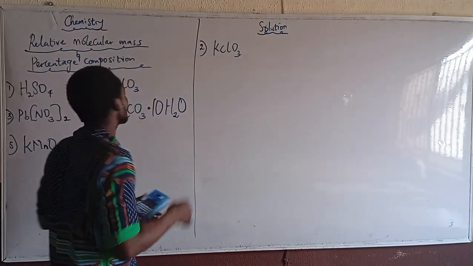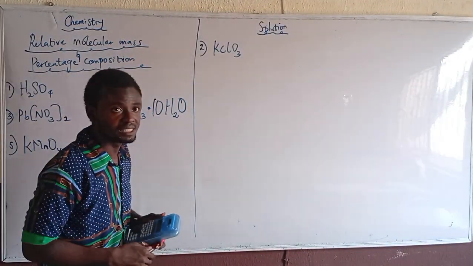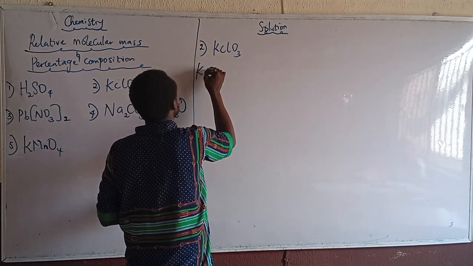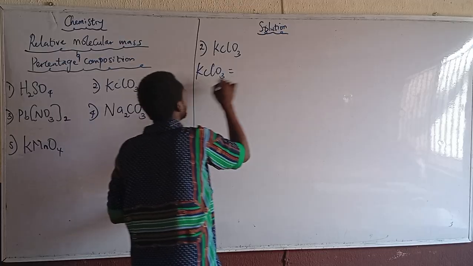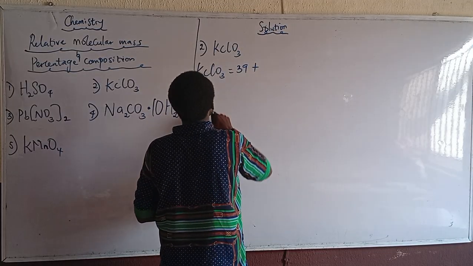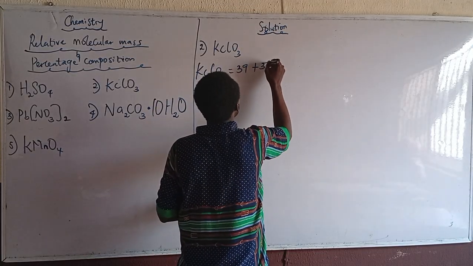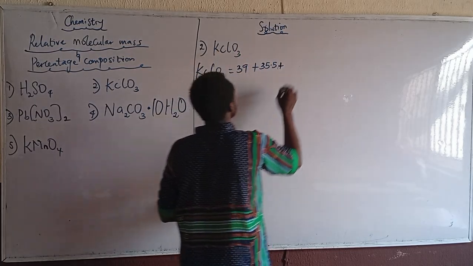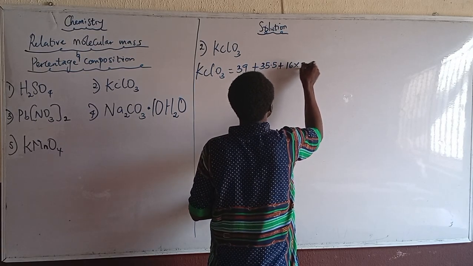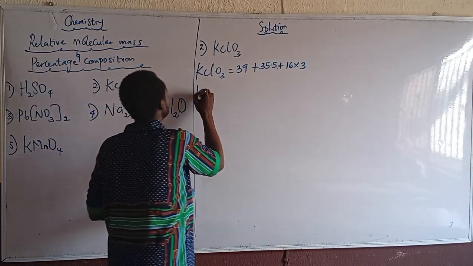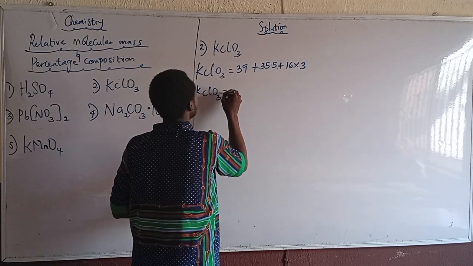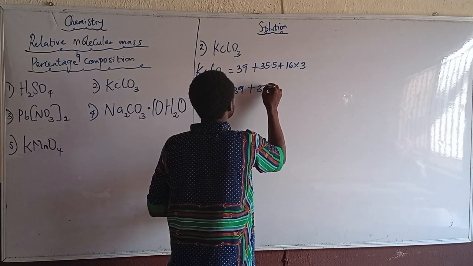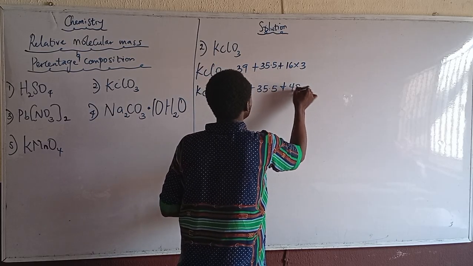So the first thing I do is to calculate the relative molecular mass of KClO3. So potassium is 39. Let me write KClO3. Potassium is 39 plus chlorine is 35.5 plus oxygen is 16 multiplied by 3 because I have 3 atoms there.